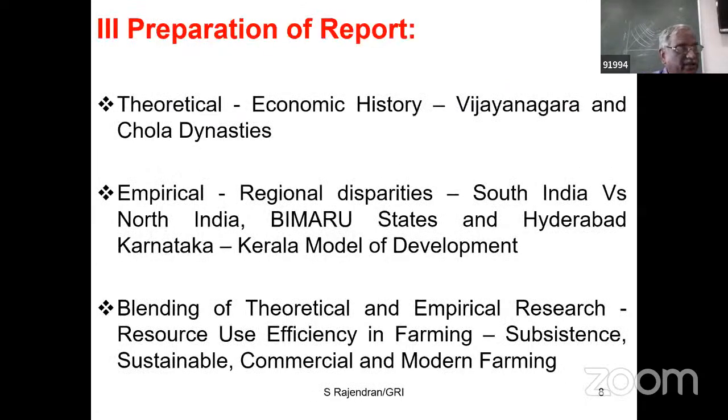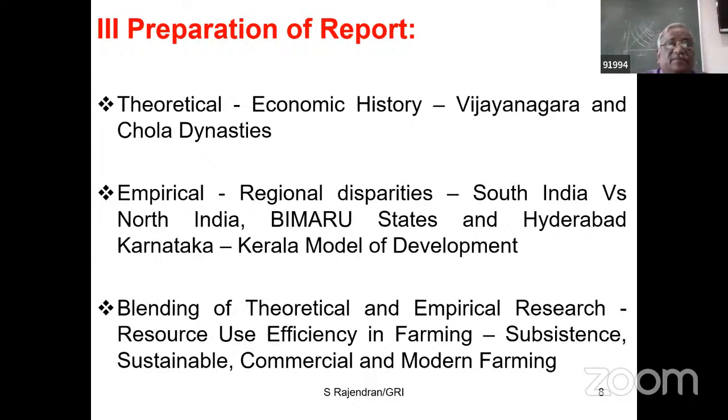Now let us try to get into the preparation of a report. In the morning we have discussed at length the need for taking up research work through finalizing the research proposal. Now we have gone beyond this step, wherein we have to prepare a report from the research work that you have carried out. Here, research can be taken up in different views, different perspectives.